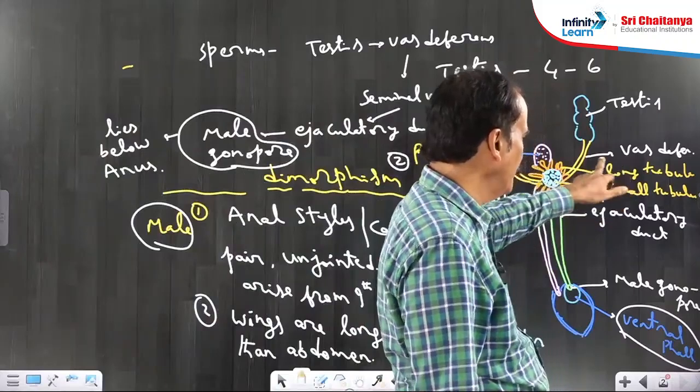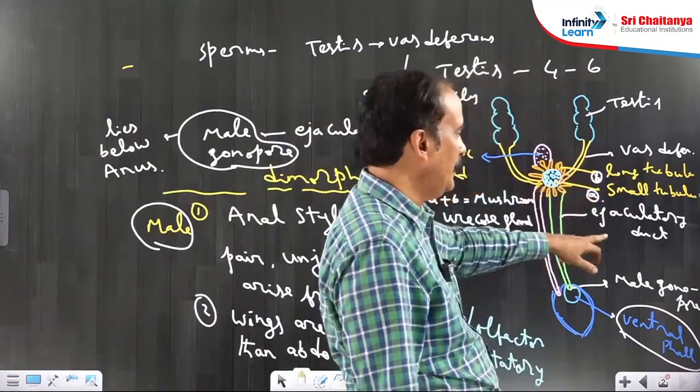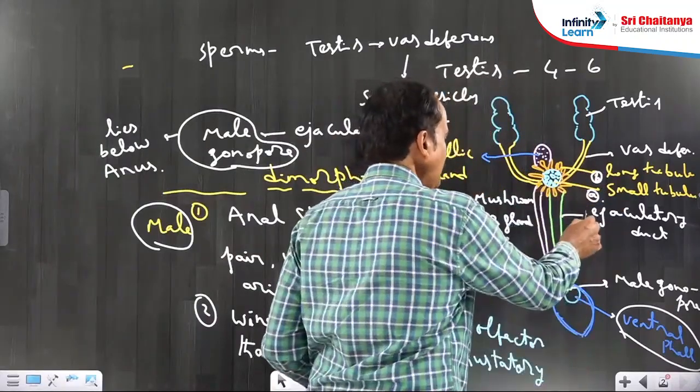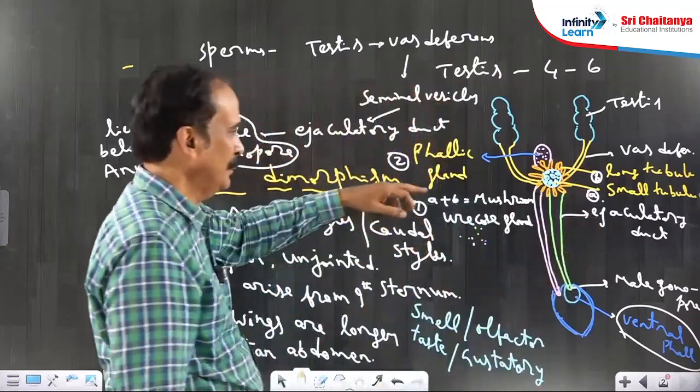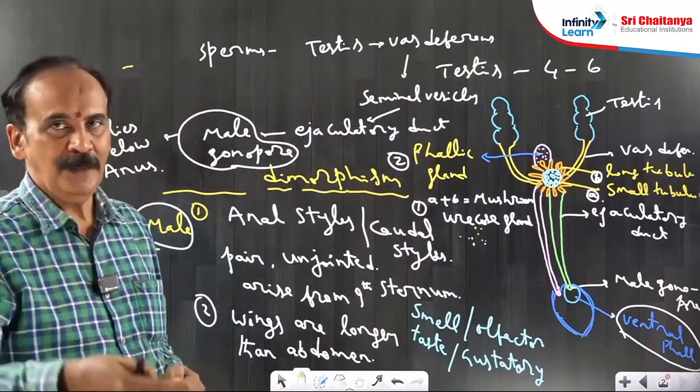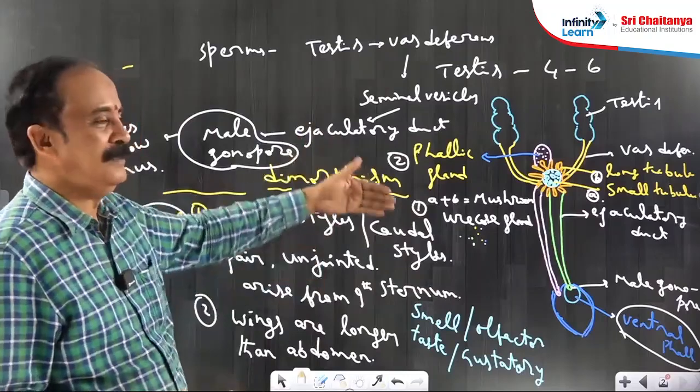Okay, this is the path of the sperm cells produced by the testes: they pass through the vas deferens, and the vas deferens opens into the ejaculatory duct after passing through the seminal vesicles. The seminal vesicle lies on the ventral side, so it may not be seen in the diagram.